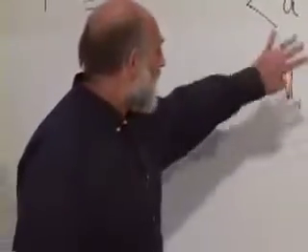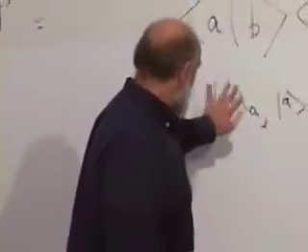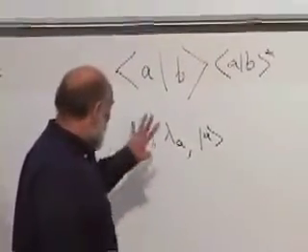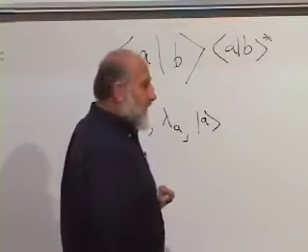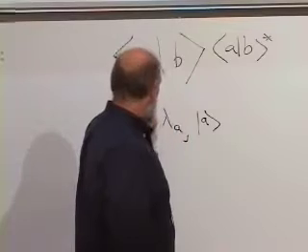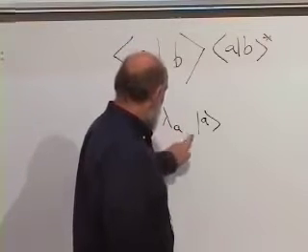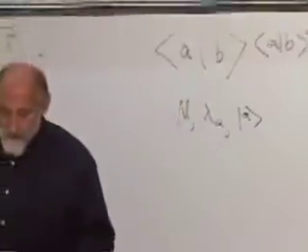Now notice it's symmetric in A and B, but for the moment, think of it asymmetrically. You prepare the system in B, and you measure M and ask what the probability for lambda A is.